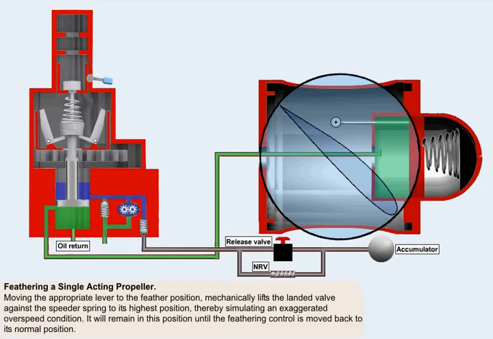Moving the appropriate lever to the feather position mechanically lifts the landed valve against the speeder spring to its highest position, thereby simulating an exaggerated overspeed condition. The landed valve will remain in this position until the feathering control is moved back to its normal position.